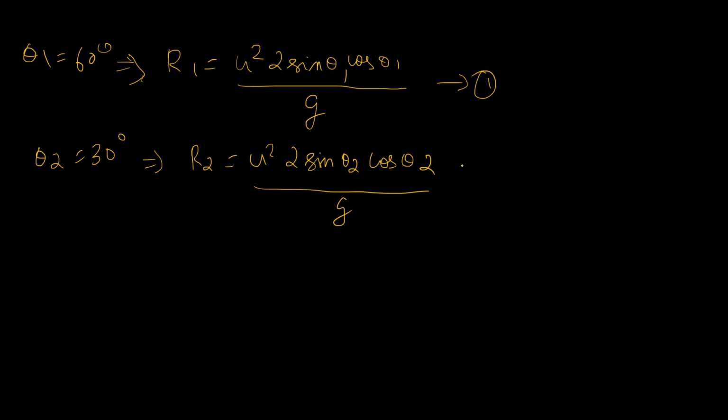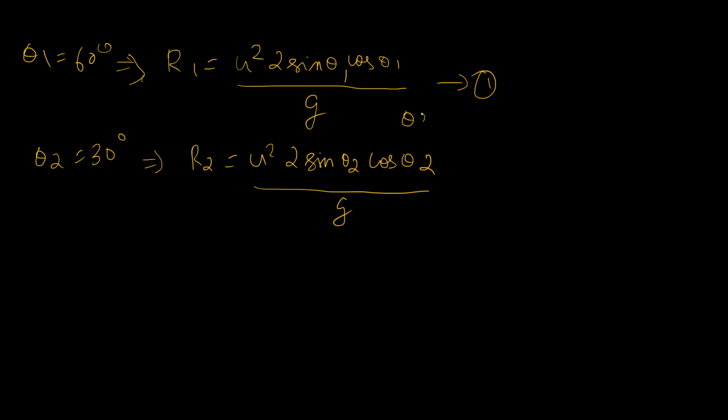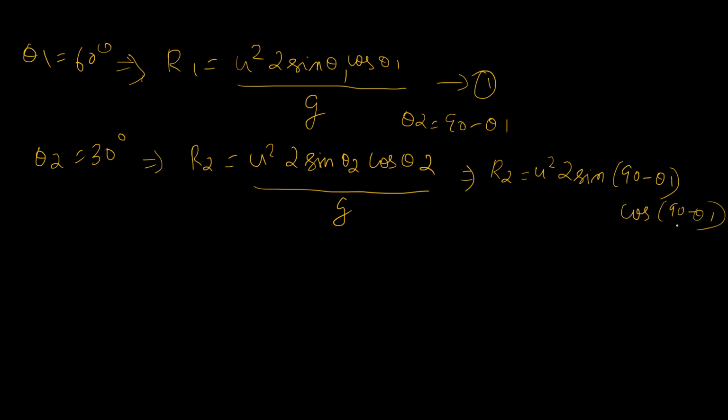I'm going to use a short trick. In the previous slide I told that the relationship between theta 1 and theta 2 is such that theta 2 equal to 90 minus theta 1. Let us apply that here. What happens? R2 equals u square 2 sine of (90 minus theta 1) cos of (90 minus theta 1) by g.